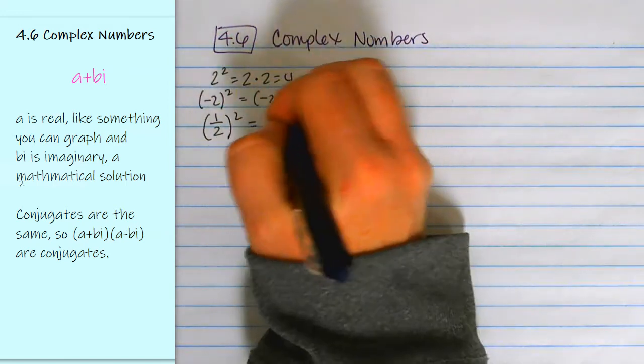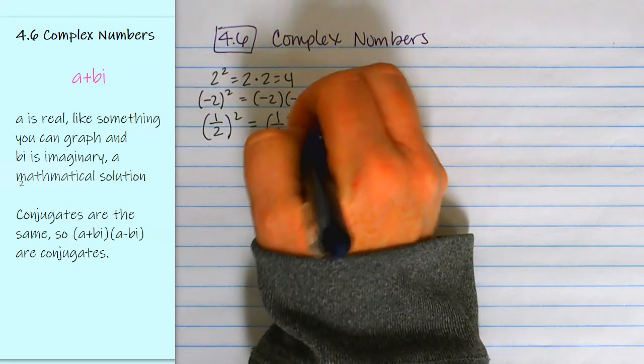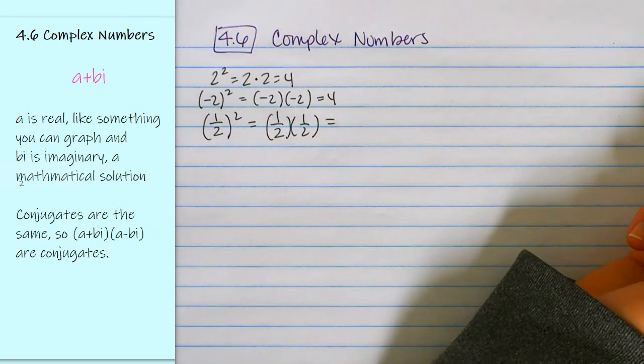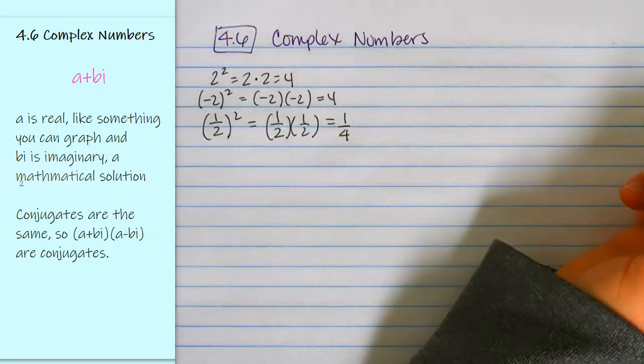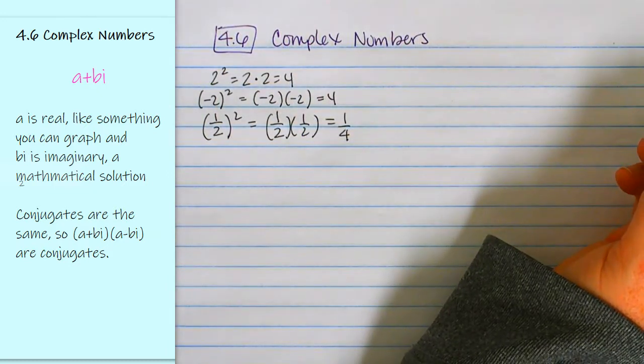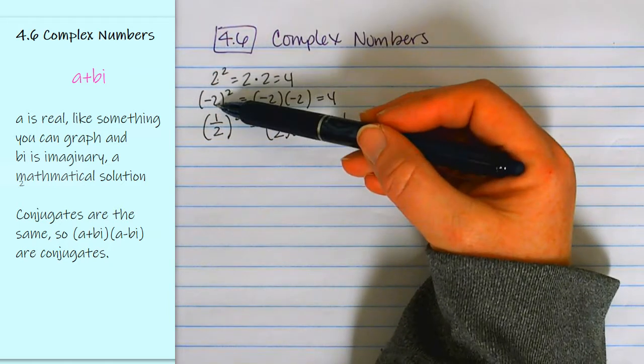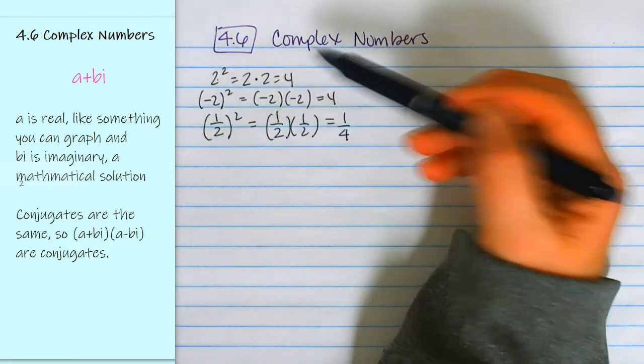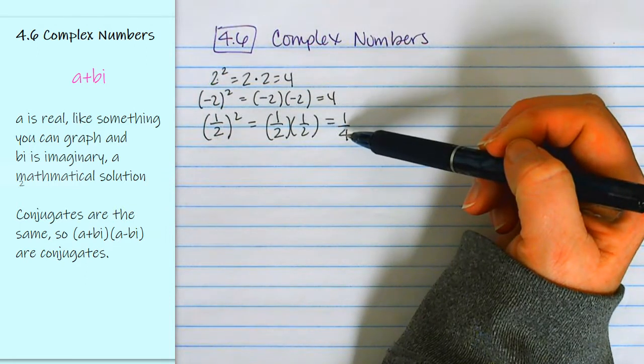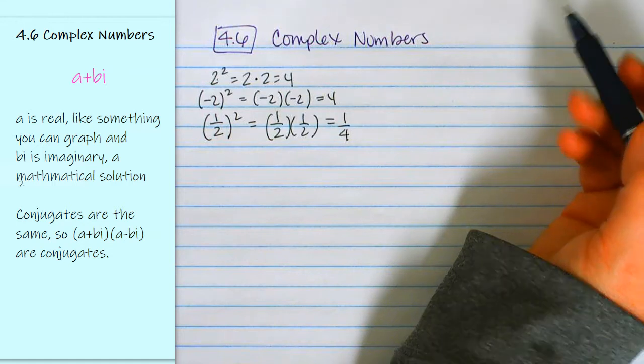What are we looking at? We're looking at 1/2 times 1/2. We get 1/4. So what happens is when you square things, no matter what the number is, whether it's positive or negative or a fraction, your result is always positive.